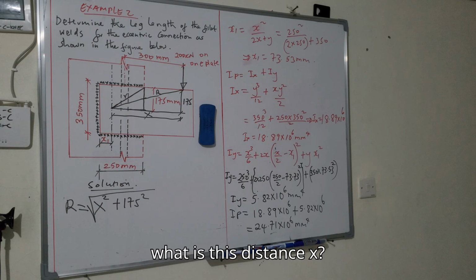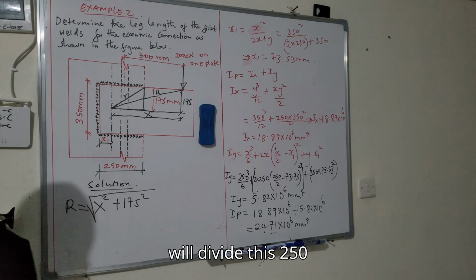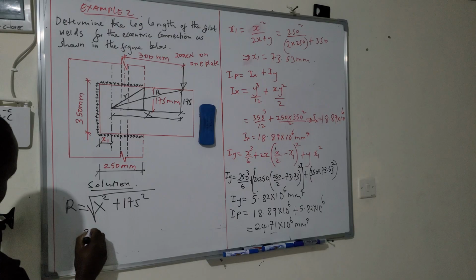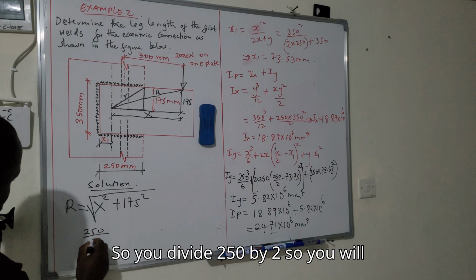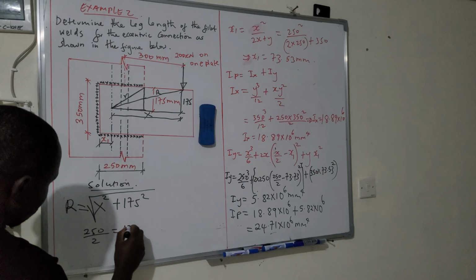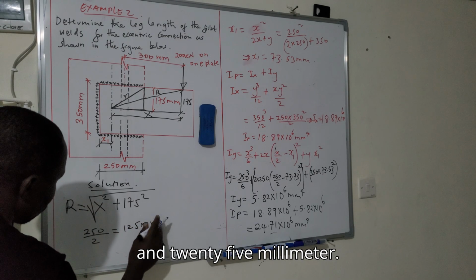What is this distance x? To get distance x, first you divide this 250 by 2, so you will get 125 millimeter.